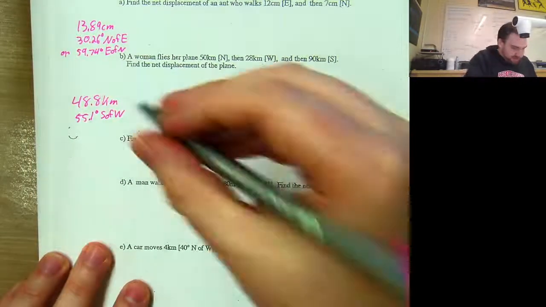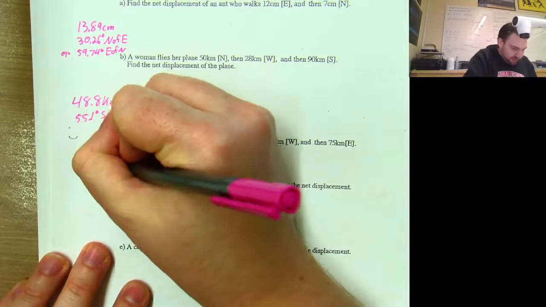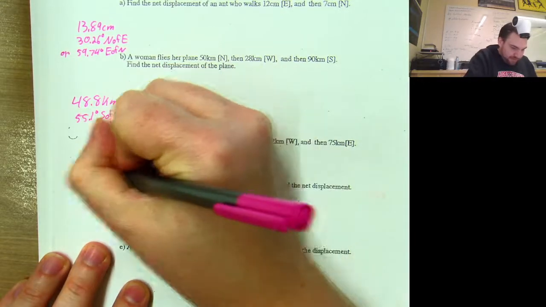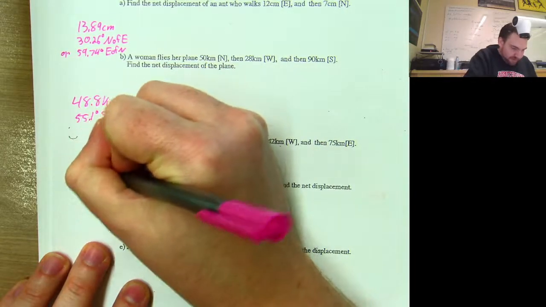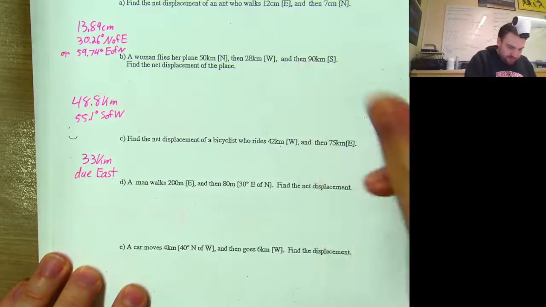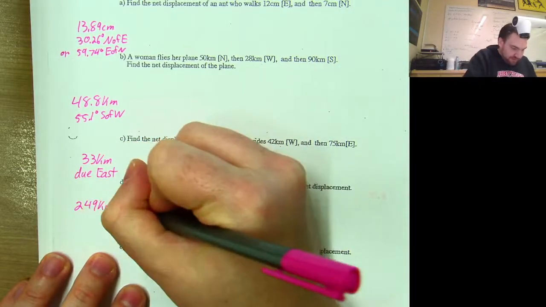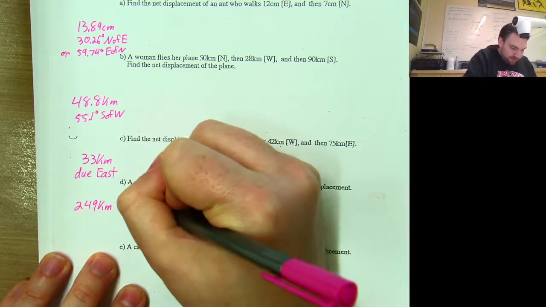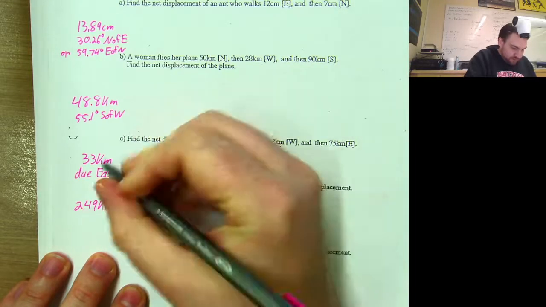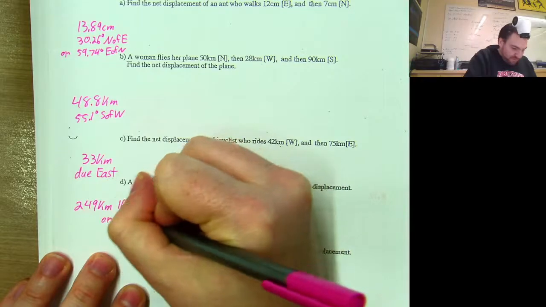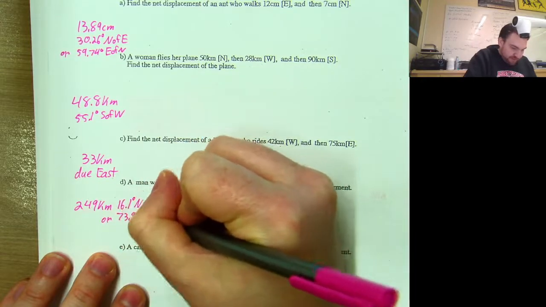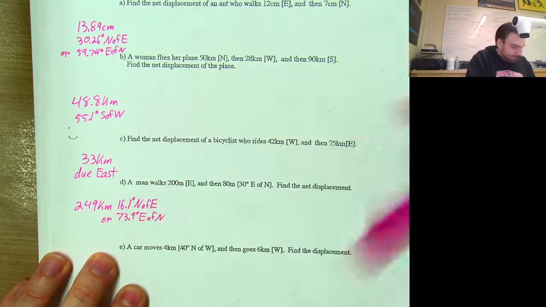There's my displacement there. This one's going to be 33 kilometers due east. This one's going to be 249 kilometers, 16.1 degrees north of east, or 73.9 degrees east of north.